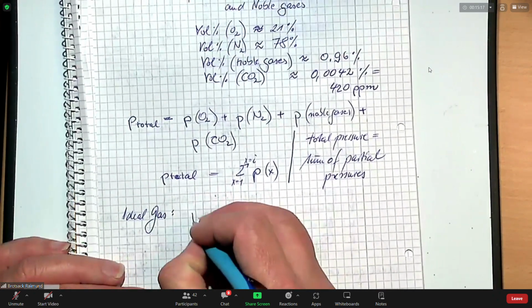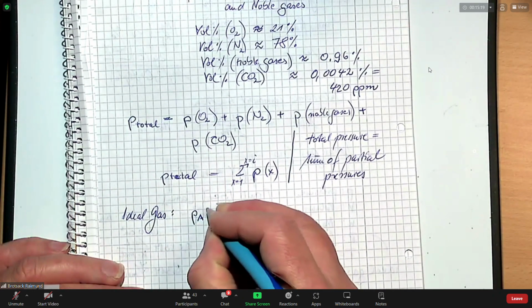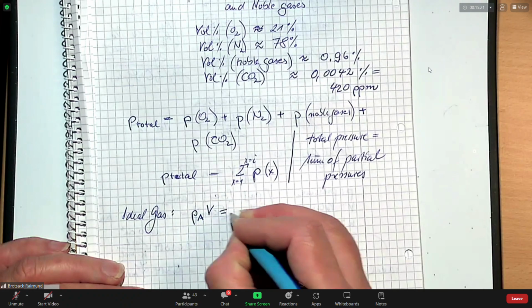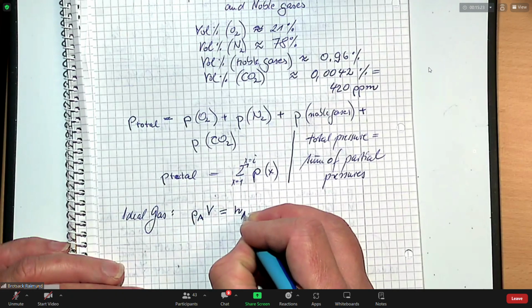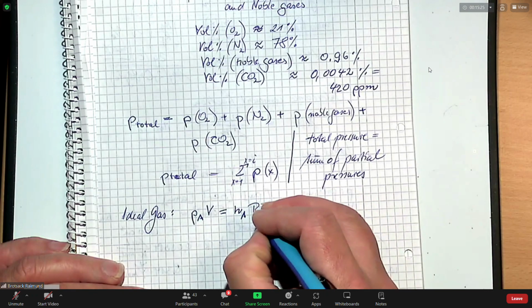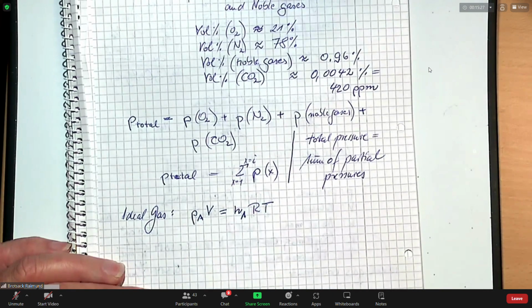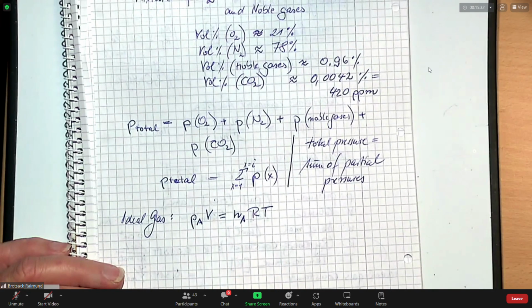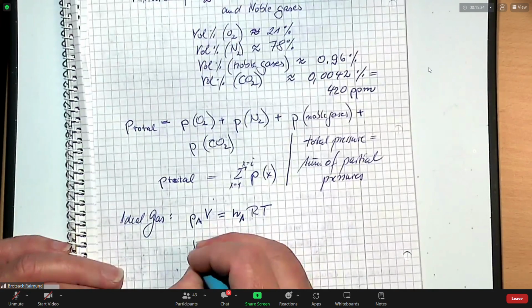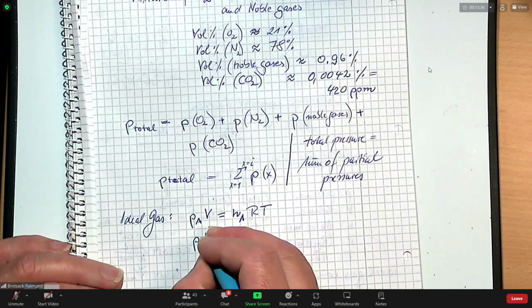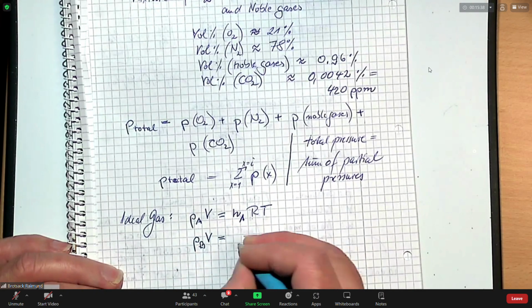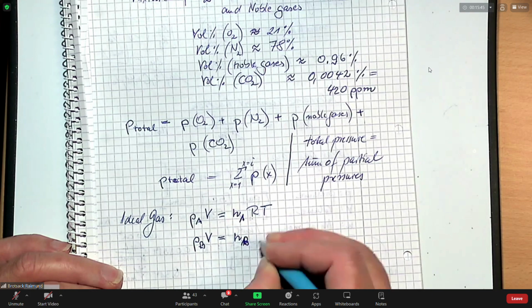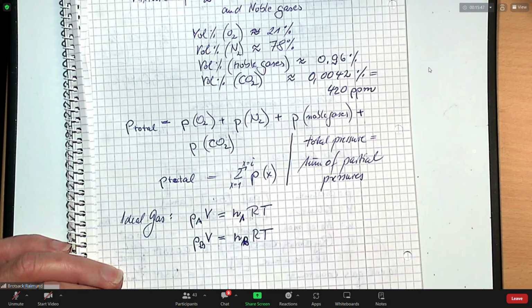We have a component A in the volume with the number of moles of the component A, and R and T are constant. We look at one special temperature, and we have one volume. And we have a component B in the same volume, but maybe more or fewer moles of component B. RT is the same.